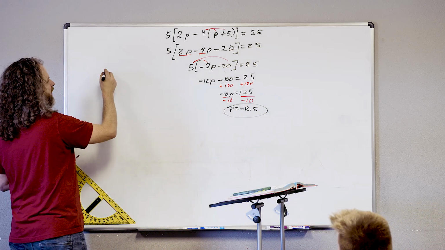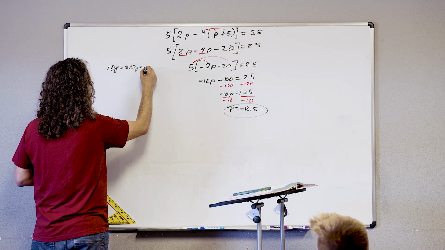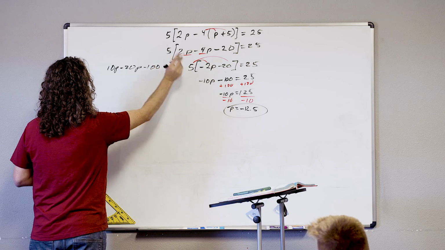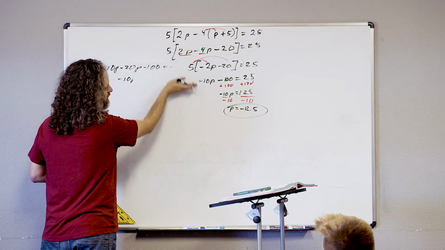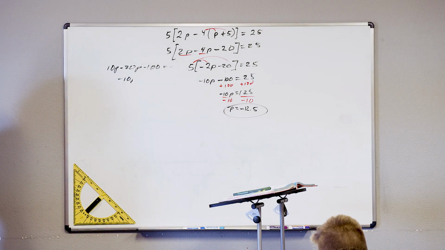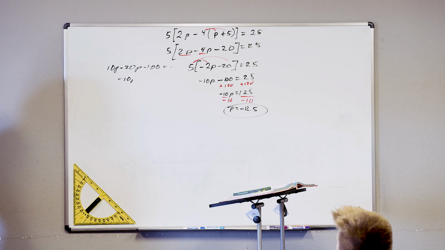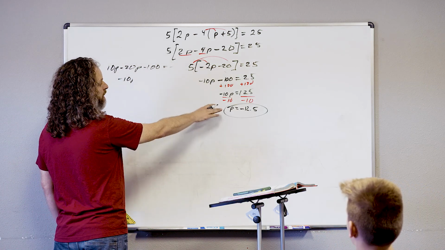So if you distribute it that way, you'd end up with 10p minus 20p minus 100 equals, and then when you combine this, you get negative 10p, and from there, it's the same. I forgot the negative on 10p. There you go. I got 15. So you got positive 12.5?